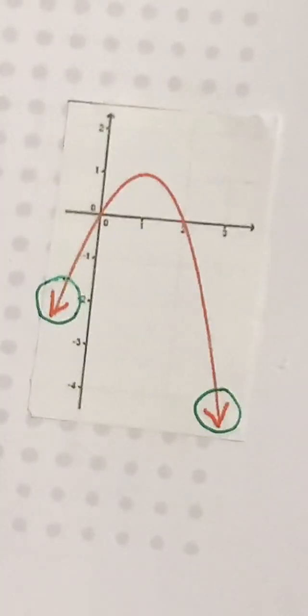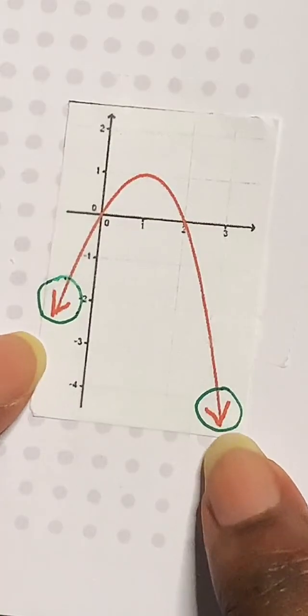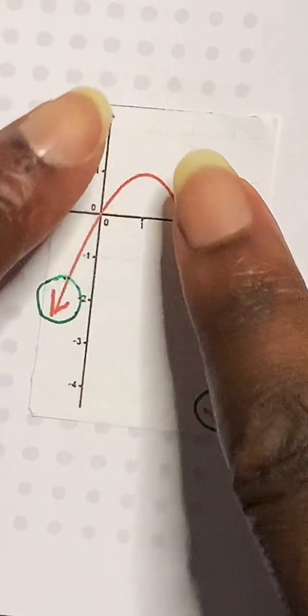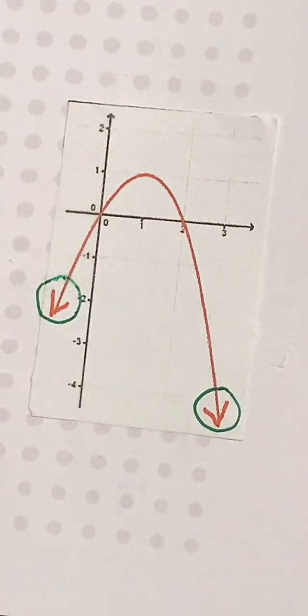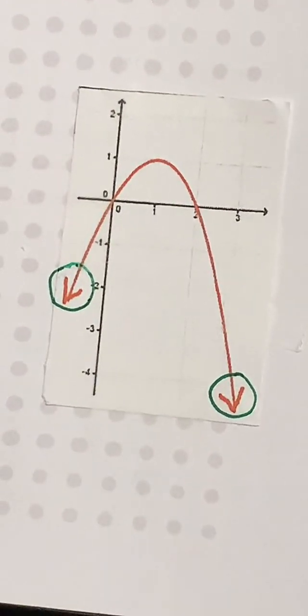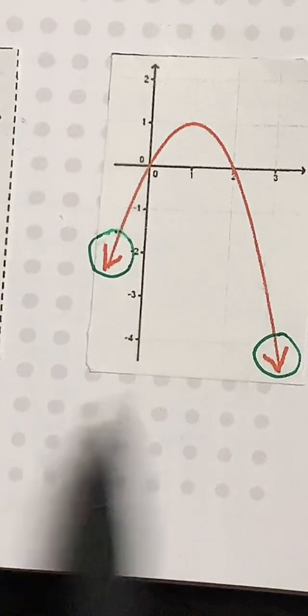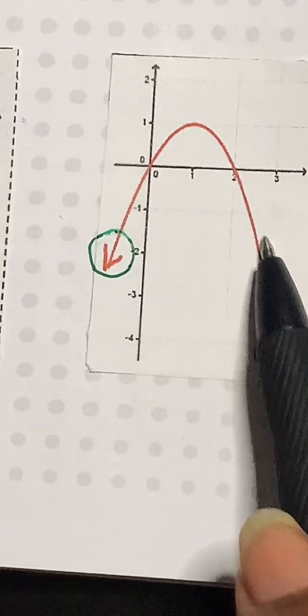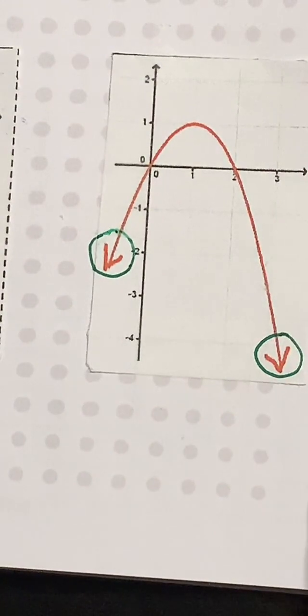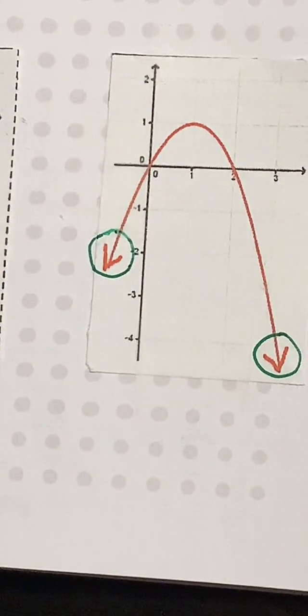So what's going to happen is this is going to keep going down, but it's going down and going out at the same time. So when it comes to our domain, it's going to keep expanding as it's going down. It's very slow, but it's going to keep expanding as it goes out.